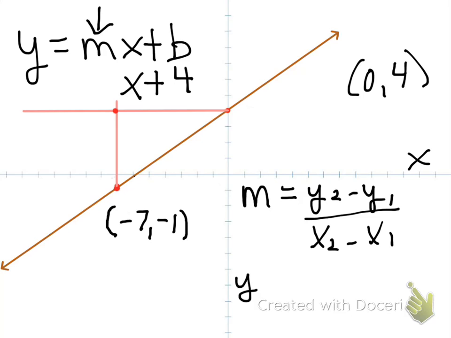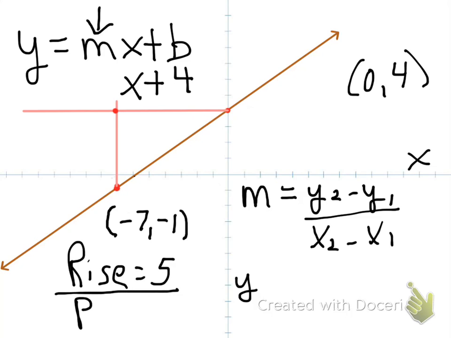So let's make our vertical change. In other words, I want to know that distance right there that I just counted. Okay, so that would be a total of 5 units. So what that means is that the rise is 5.